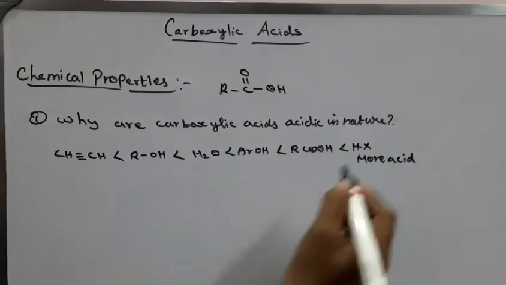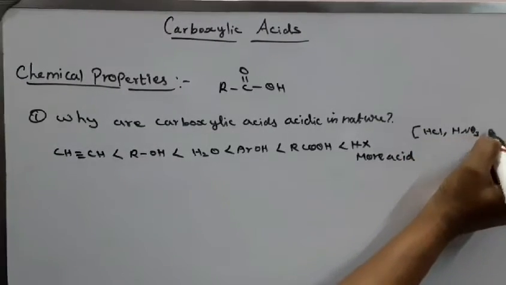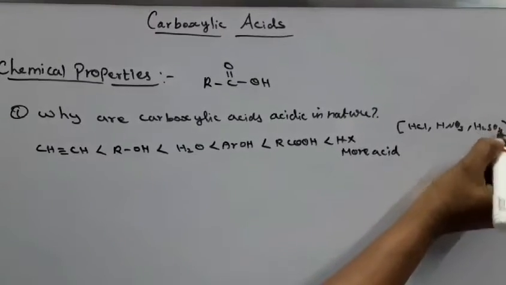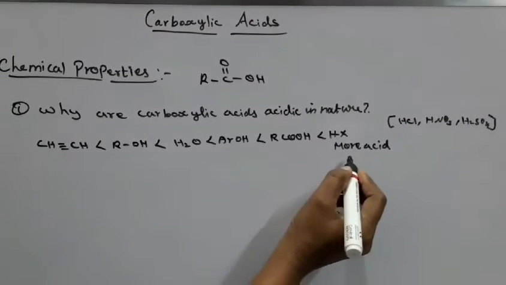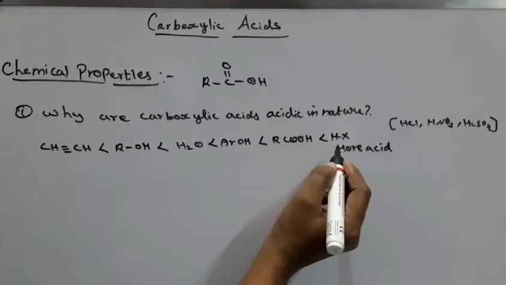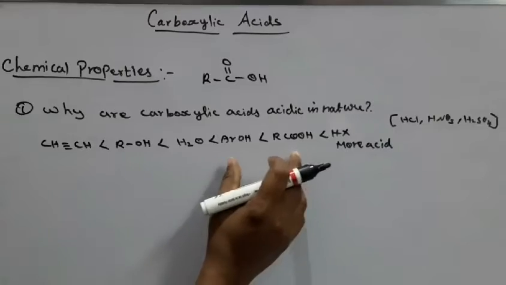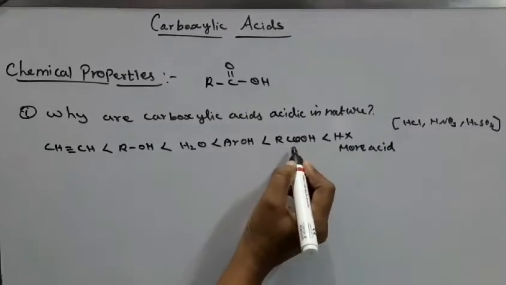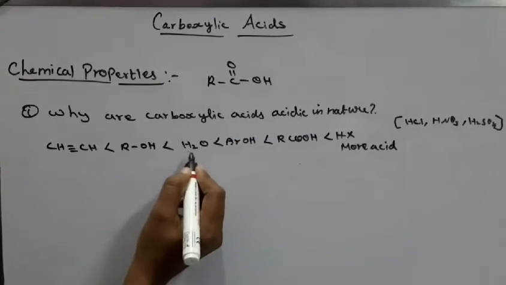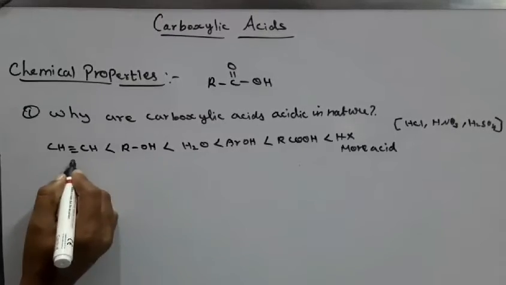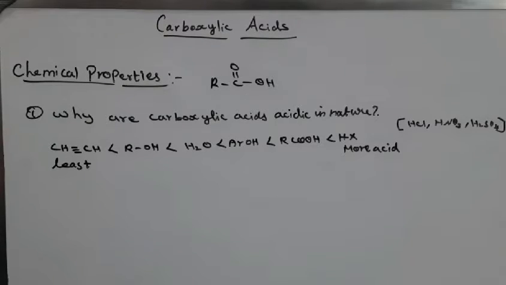HX means HCl, HNO3, H2SO4. These are called mineral acids, which we may consider inorganic acids. In terms of Ka value, the mineral acids are more acidic. Among the organic compounds we are studying, carboxylic acids are acidic in nature. After them come phenol, then water, then alcohol, and the least acidic is the alkyne group, the hydrocarbon.